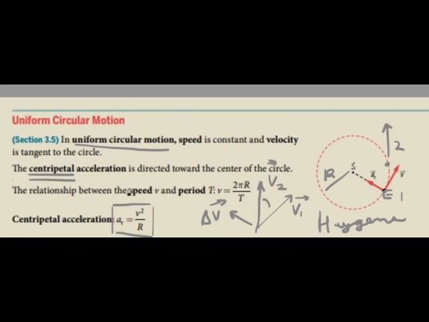Newton did this calculation, and then he applied his theory of gravity to relate the centripetal acceleration to the mass of the sun and the mass of the earth. By Newton's second law, acceleration is force divided by mass. Well, you'll have to read this section 3.5.